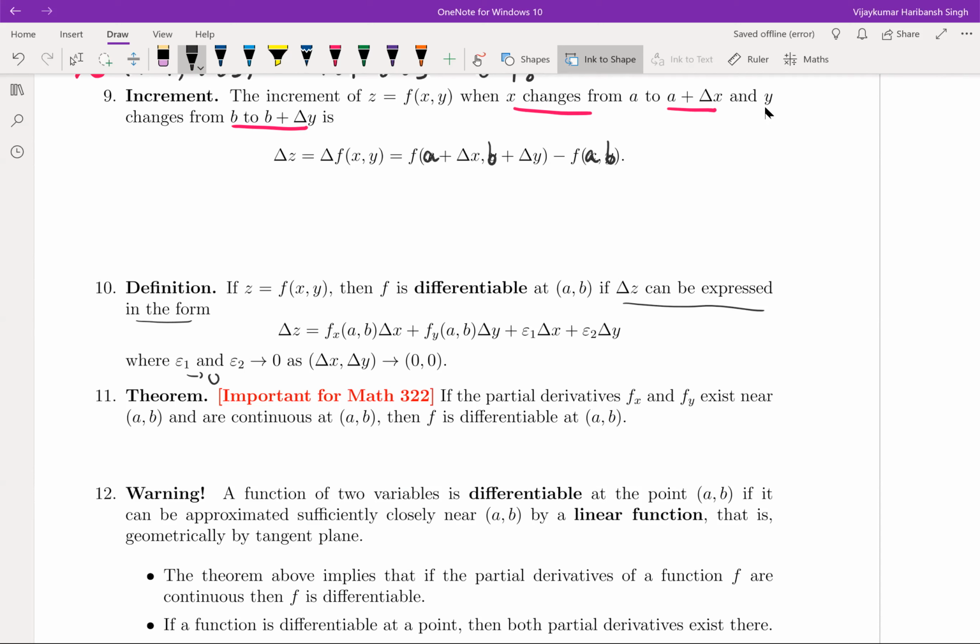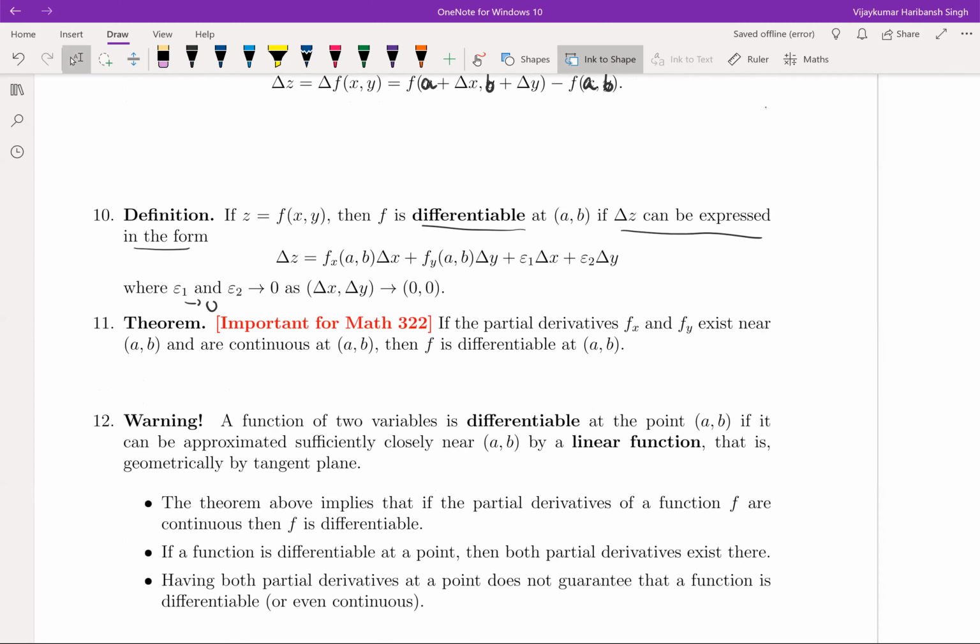So what does it mean? It means that a function is differentiable if the linear approximation is a good approximation for the function, right? This is what it means by a function being differentiable.